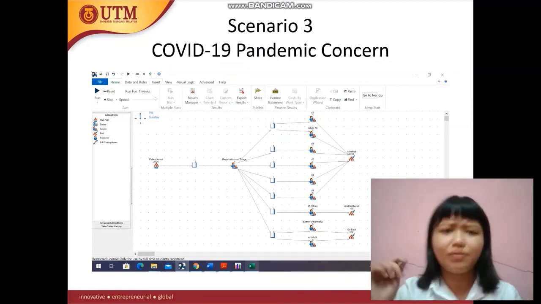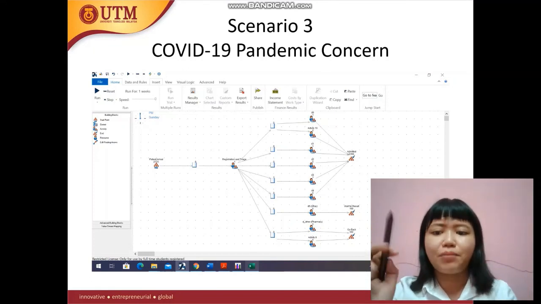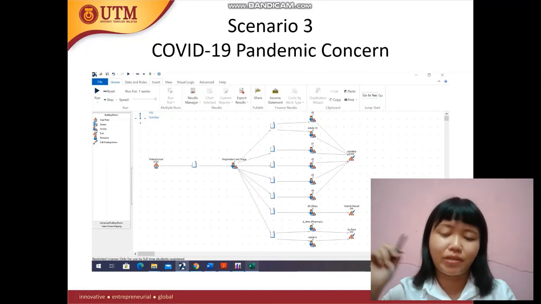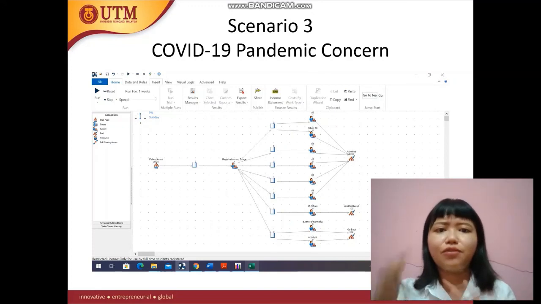The third scenario to consider is that the data we obtained is from a hospital in California, a state hospital in the United States, and we are concerned about the COVID-19 pandemic.